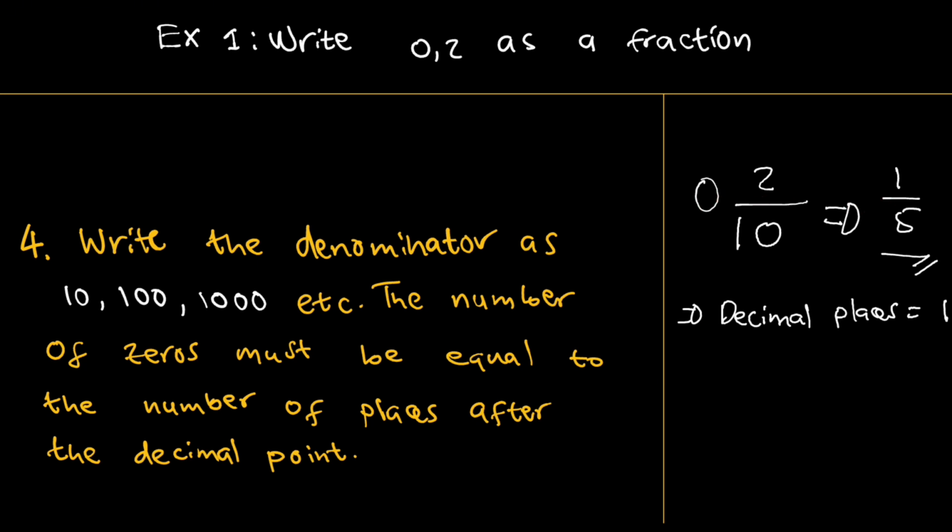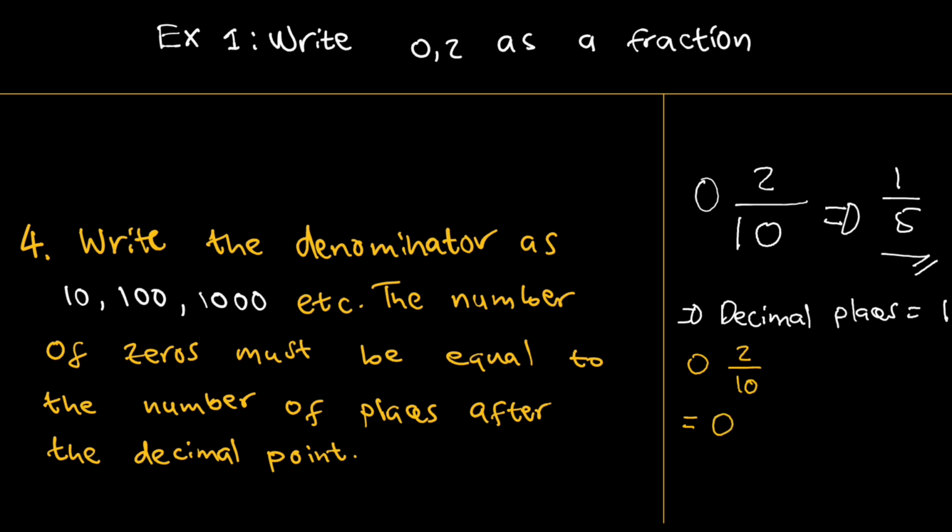Let's use a different pen. So we have 0, we have 2 over 10. Now, the main function of that 0, or the other way to write this fraction, is as follows.